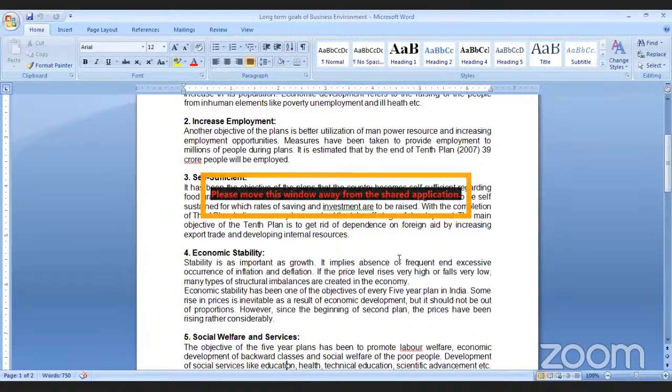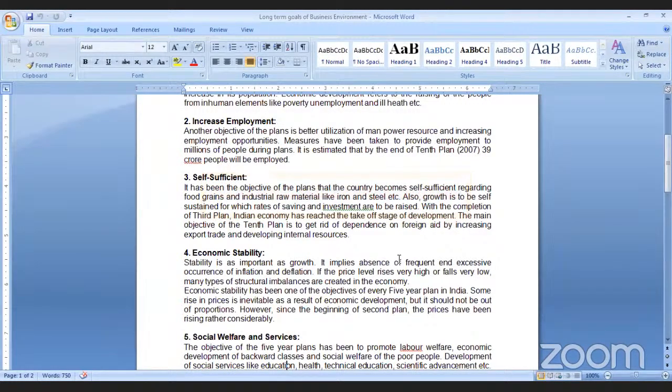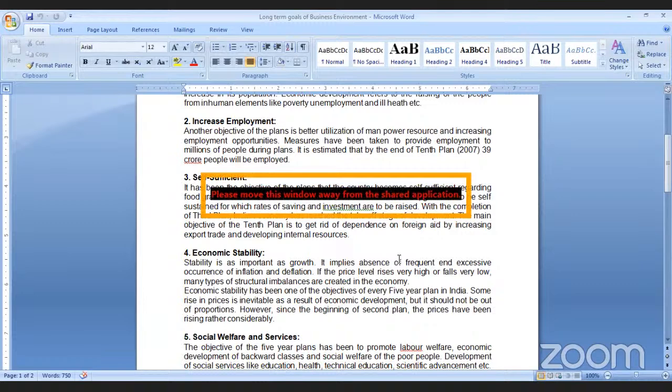Okay. Anyone else? Resources essential to a healthy life, we can say that. Yes. Okay. Anyone else? What is the meaning of economic stability? Financial access to everyone. Very good.